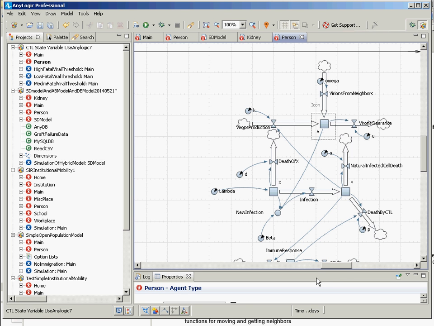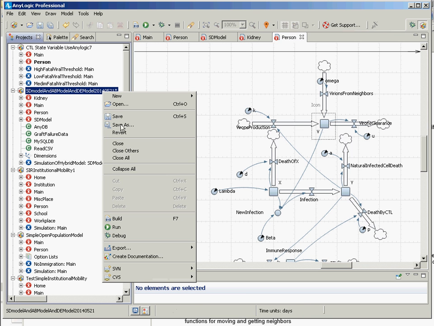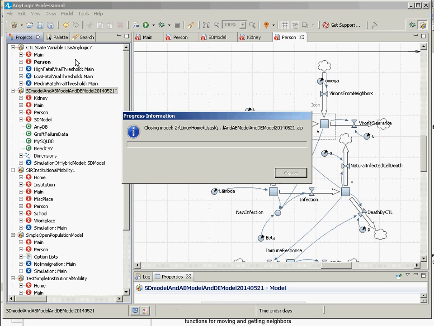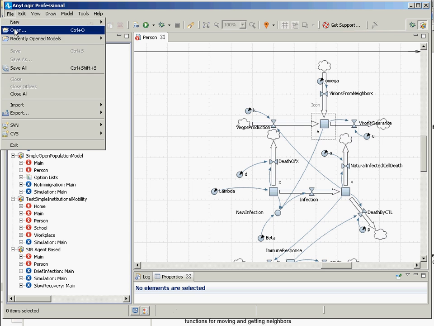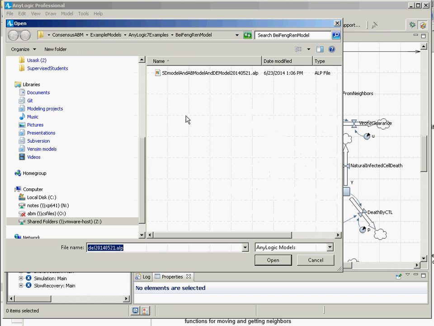Okay. So the final model that I thought I'd look at here would be a model related to one of the projects being undertaken here.